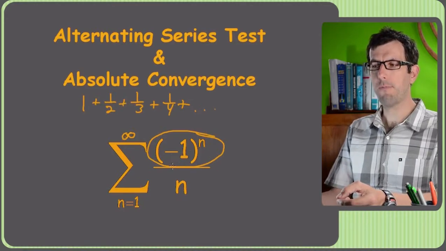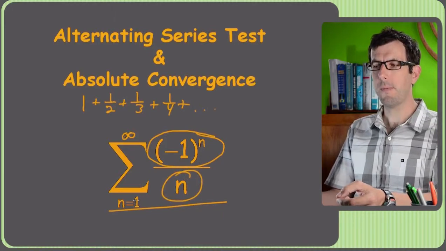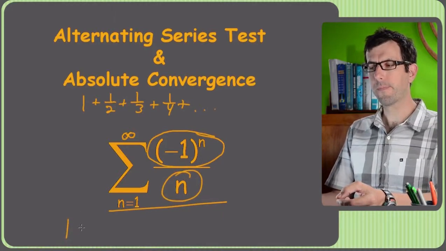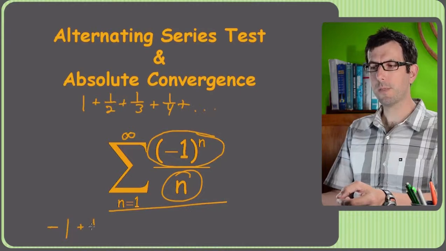So this formula right here, it's a harmonic series because it has just n to the 1 downstairs, but it ends up being, actually that'd be a -1 as I've drawn it because we start with (-1) to the first, so that'd be -1 plus 1/2 minus 1/3 plus 1/4 dot dot dot.